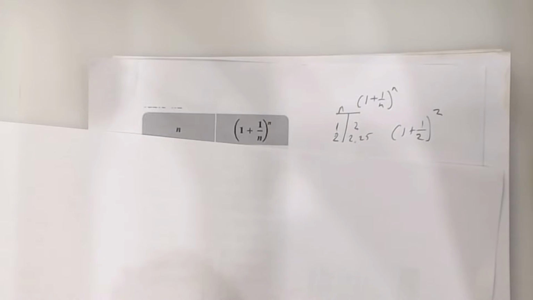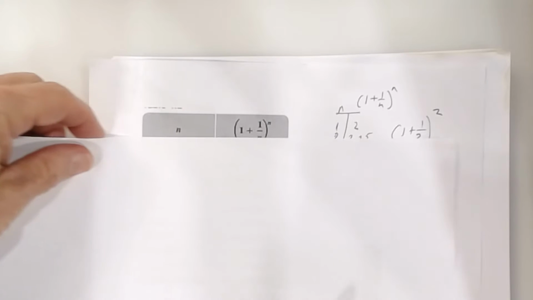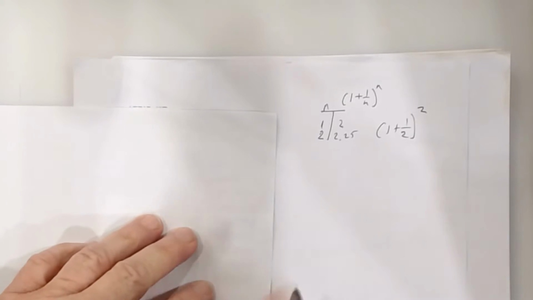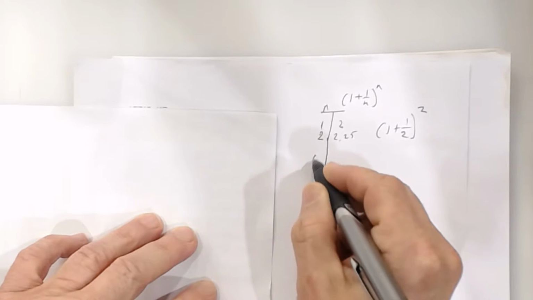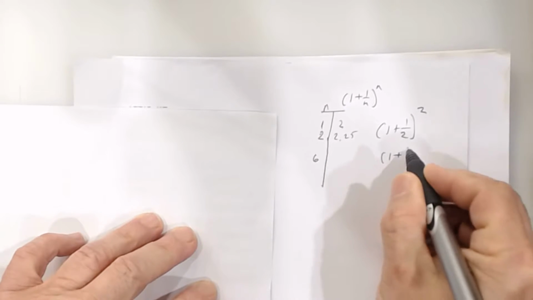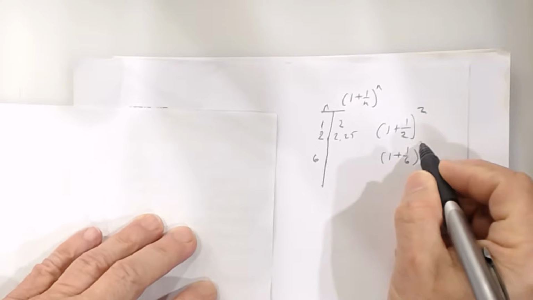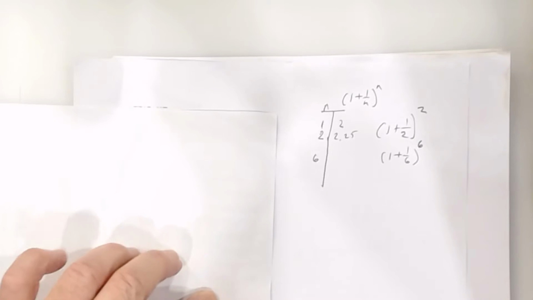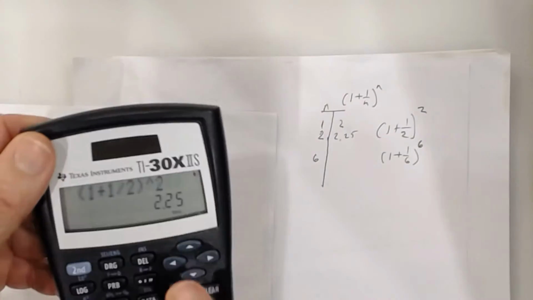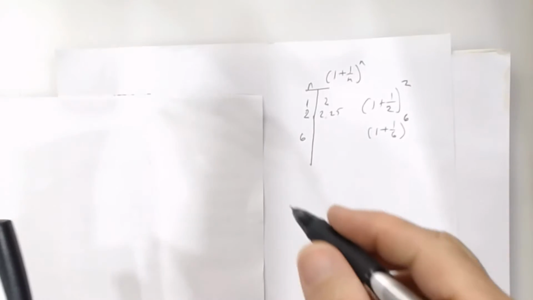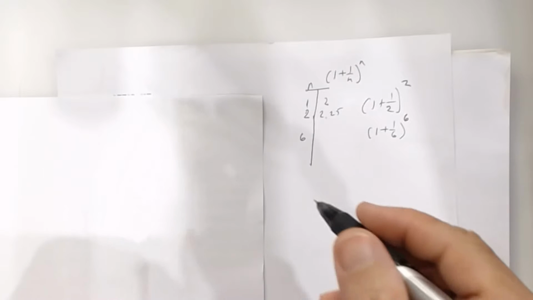If n is, let's say, 6, I get 1 plus 1 over 6 raised to the 6th power. Use your calculator and tell me what that is approximately equal to. 2.52? Is that what you said? Yep.